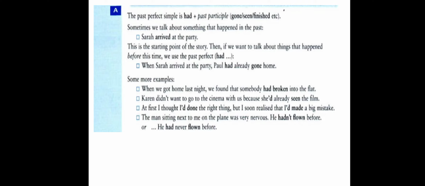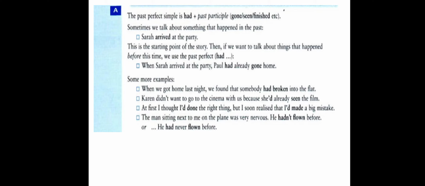When Sarah arrived at the party, this was not the first action in the story. The first action was that Paul had already gone home. What happened first? Paul had already gone home. So to go back and tell the first action after saying the second action, we need to use the past perfect for the first action, to show that this is the first action, not the second.